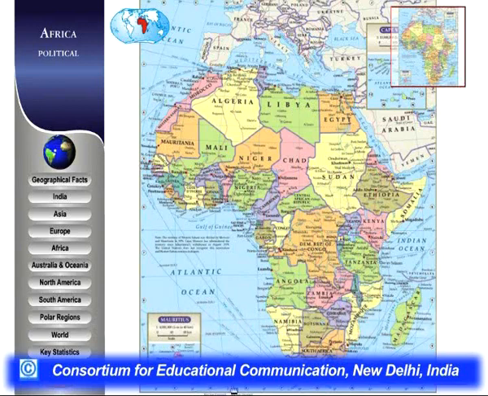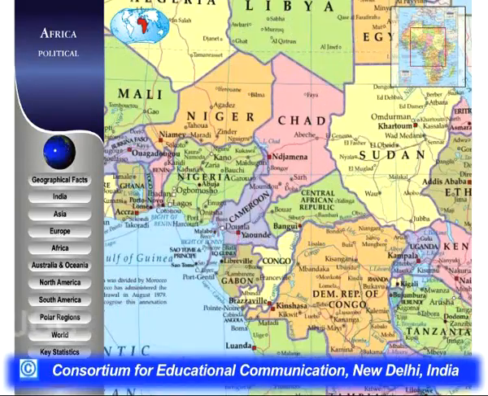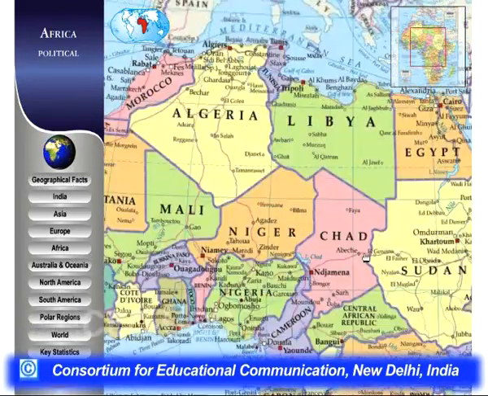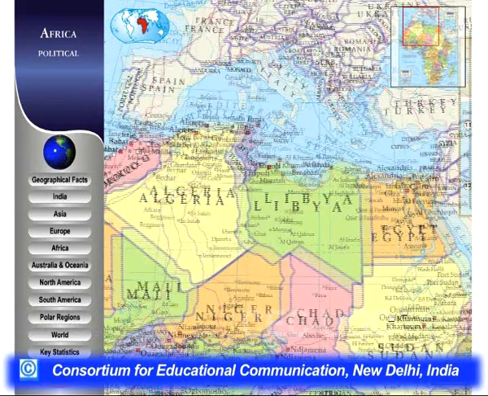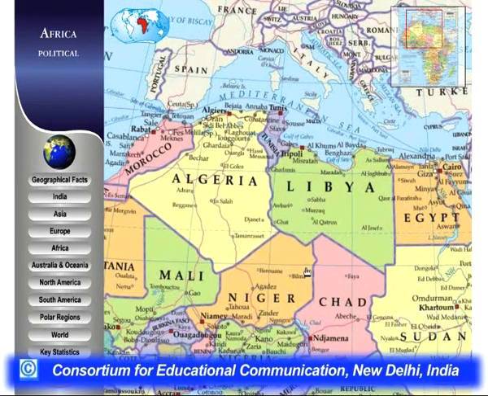Friends, this region is called the MATLE region. MATLE means group of the 5 countries. M for Morocco, A for Algeria, T for Tunisia, L for Libya, E for Egypt. These 5 countries lie along the coast of the Mediterranean Sea. So these are Mediterranean countries of the Africa continent.